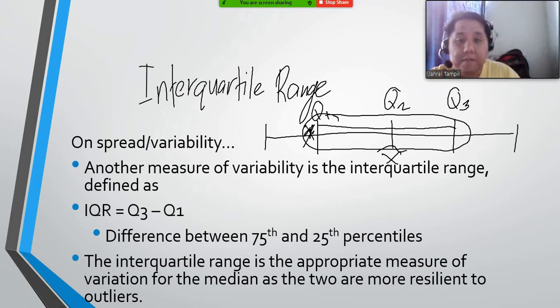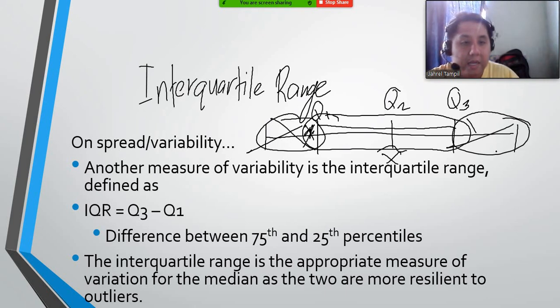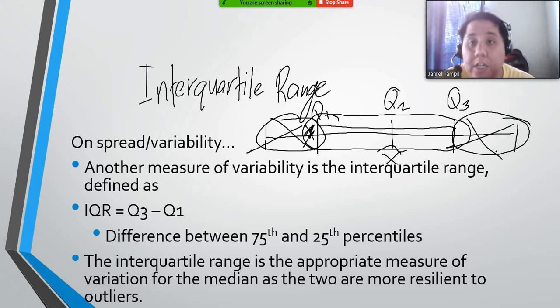So, even if the values change here at this point or here at that point, it will not affect the interquartile range and our median. Hence, the two are very resilient and are not affected by the very high values or the very small values, which can be our outliers. So if your dataset has a lot of outliers, then the median and the interquartile range can best describe your data.